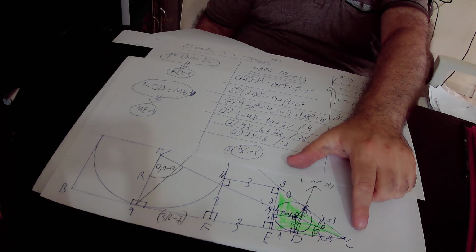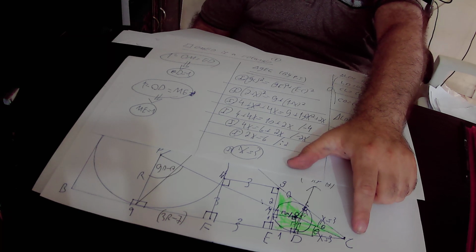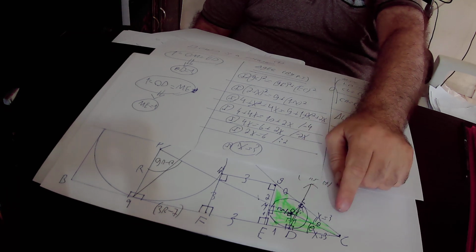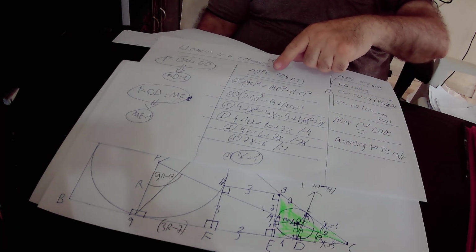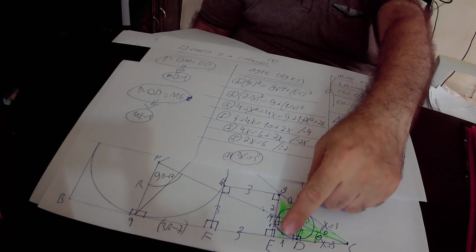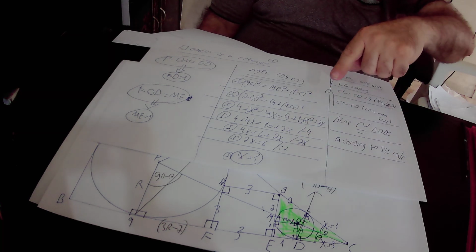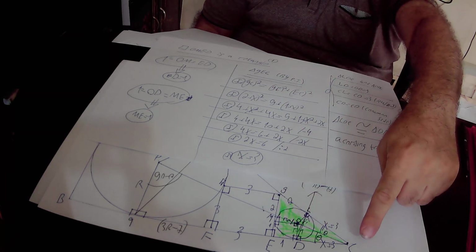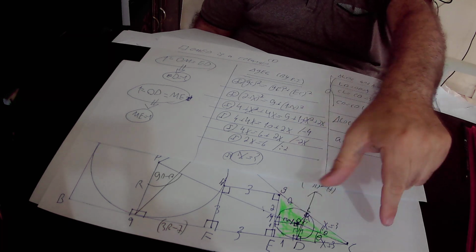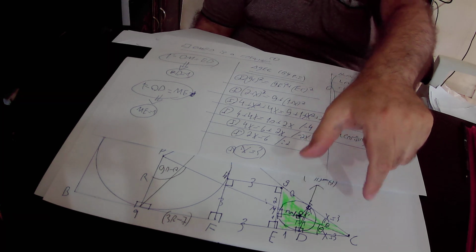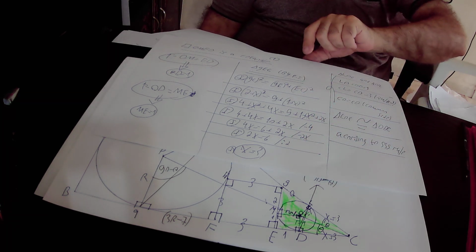It is very easy to see from the drawing that GC equals 2 plus x. So GC squared is (2 plus x) squared. GE is 2 plus 1, that is 3, therefore GE squared will be equal to 3 squared, that is 9, plus EC squared. EC equals 1 plus x, therefore EC squared is (1 plus x) squared.